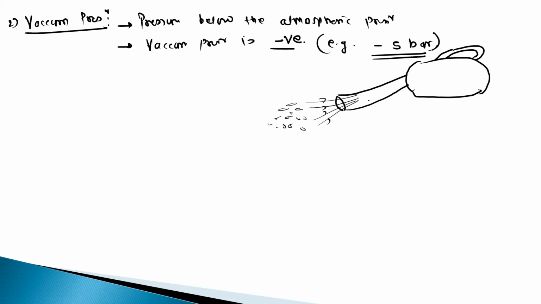That means inside the tube the pressure is below atmospheric, while here the pressure is atmospheric, and therefore it will suck the particle inside. This is the application for the vacuum pressure, and this pressure is represented as a negative pressure.